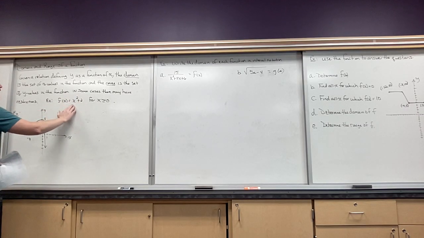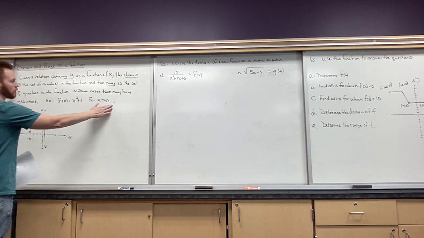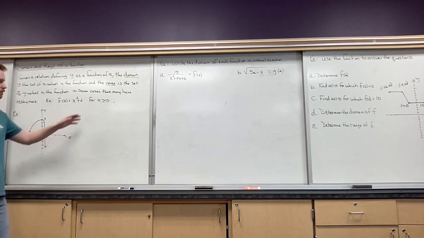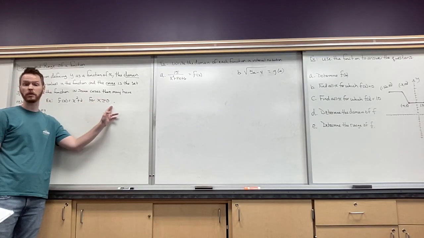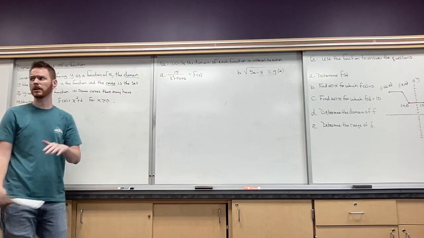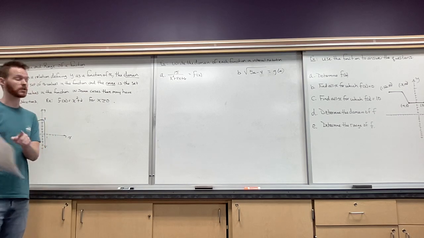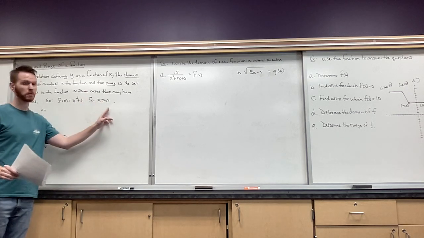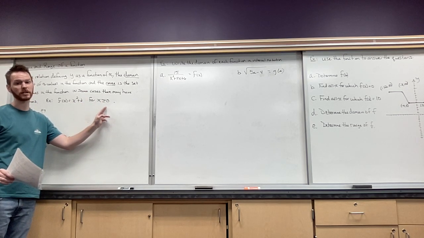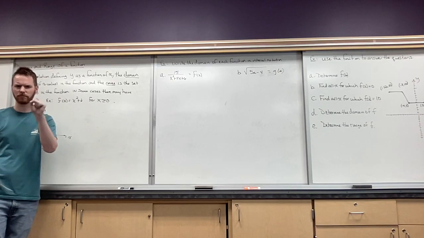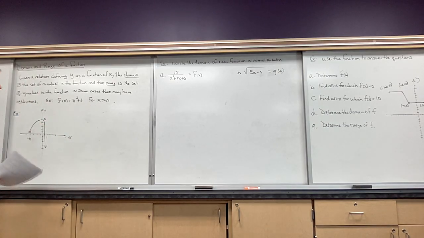So if we have f of x equals x squared plus 2, for x greater than or equal to 0, I'm restricting my domain right here. Now you might ask, why restrict the domain? What's the big deal with that? Well, when we talk about inverses, it's actually pretty critical that we restrict the domain. So, new lesson in the future, we'll address it.